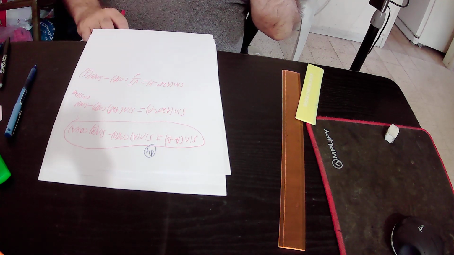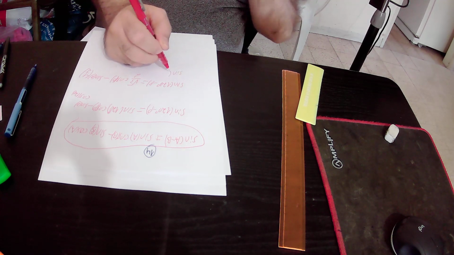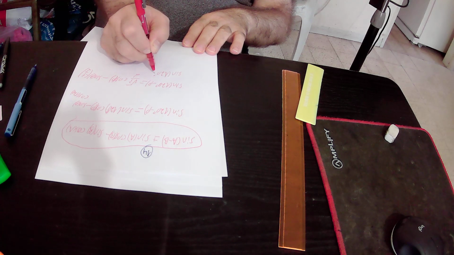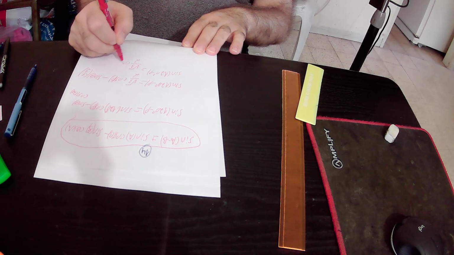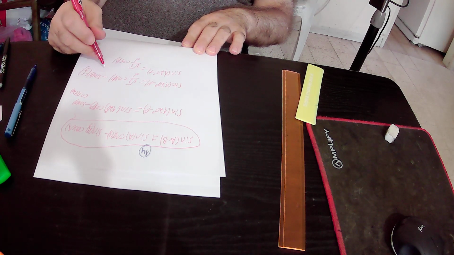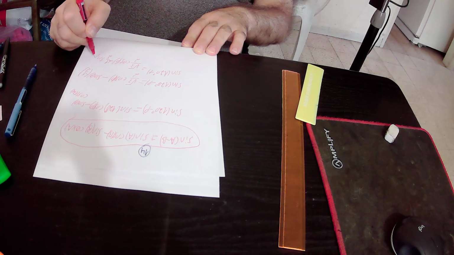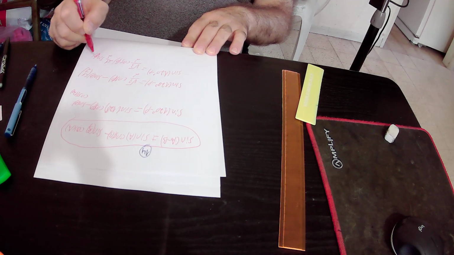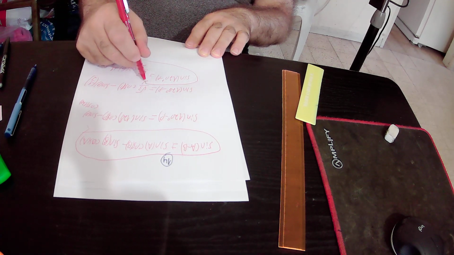So we will get that sine 120 degrees minus p equals root 3 over 2 times cosine p plus 1 over 2 times sine p. That is the value of sine 120 degrees minus p.